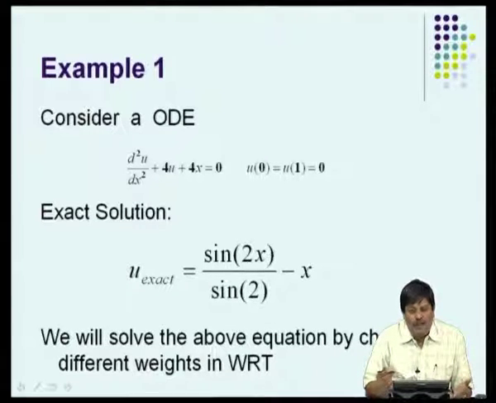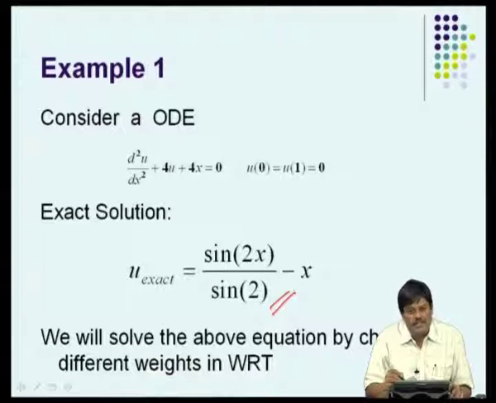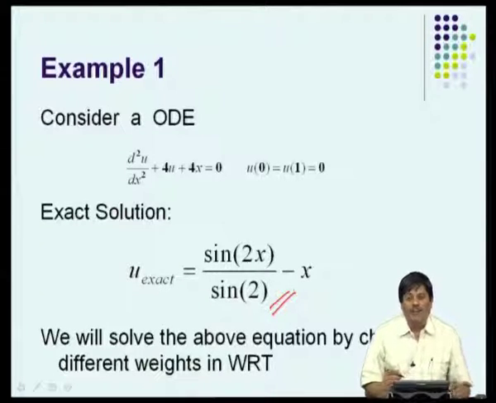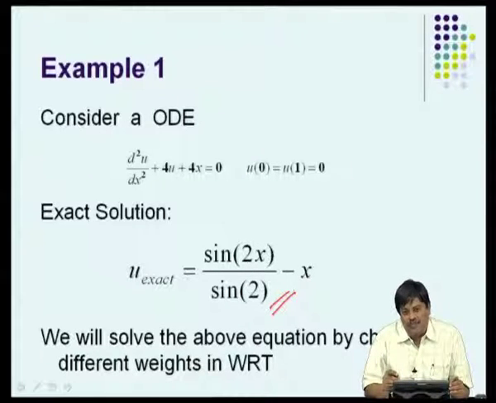There is no need for an approximate solution here per se, mainly because the exact solution exists and the exact solution is given by this term. Now, what we will do here is pursue the approximate solution using the weighted residual technique by choosing different weights and see what kind of different numerical methods we can construct from this weighted residual technique.